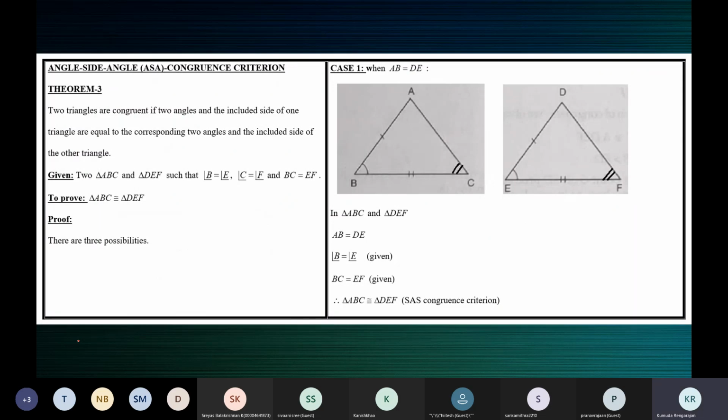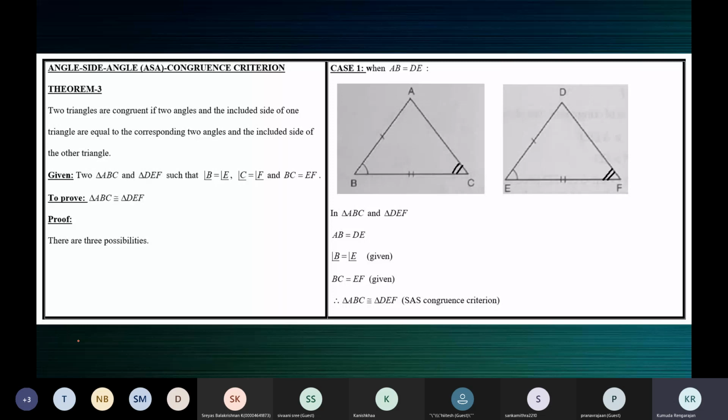Okay. So this is the angle side angle congruence criterion. So this one is in two triangles. If two pairs of angles are equal and the sides included by these angles are also equal, then the two triangles are congruent by the ASA congruence criterion.